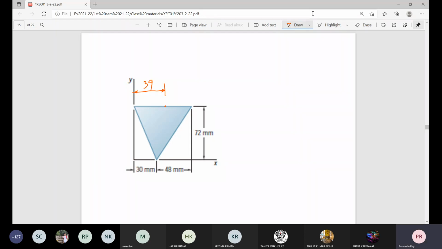And if we draw a line connecting this vertex and the middle of the opposite side, this is the median, and at 2/3 height there will be the centroid along this median.